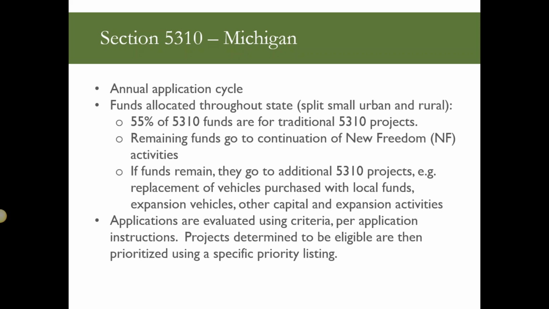The applications are evaluated using criteria, and in the handout that you're going to receive, there are our annual application instructions available on our website. So there's a criteria that we go through for each application, and the projects are determined to be eligible, and they're prioritized using a specific priority listing also in the annual application.